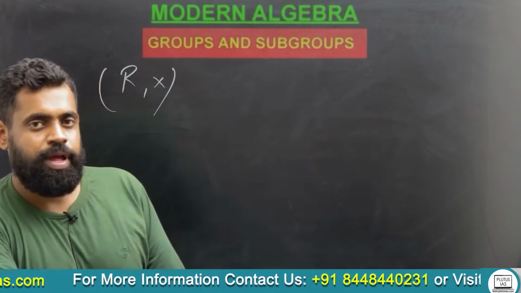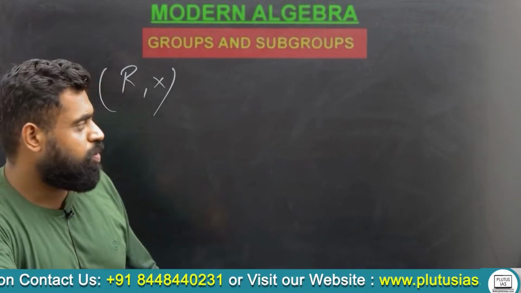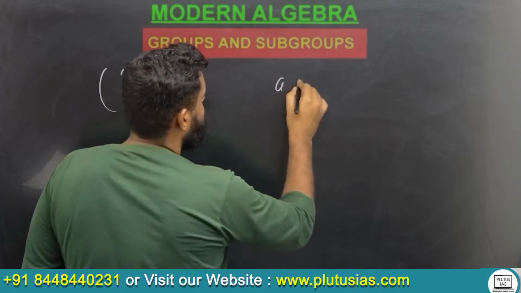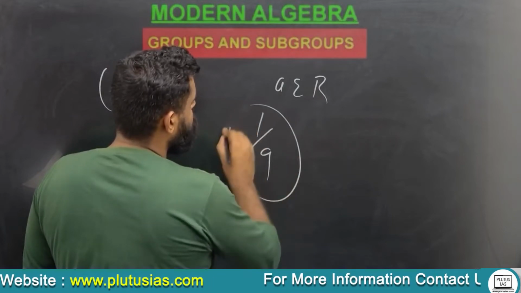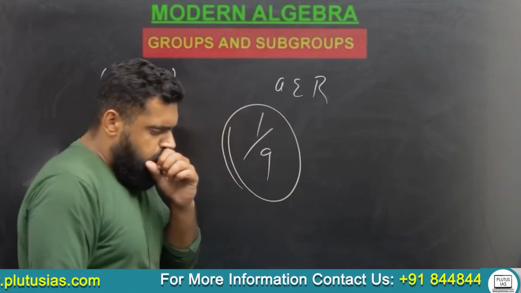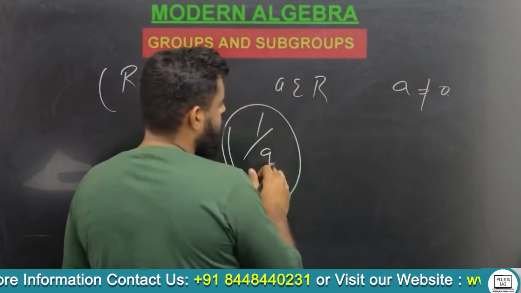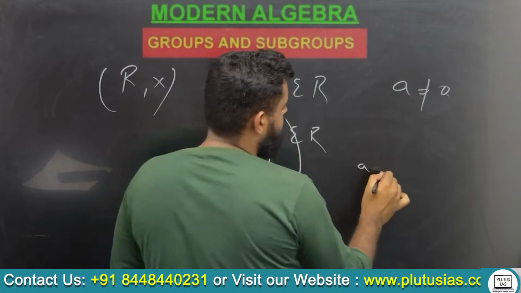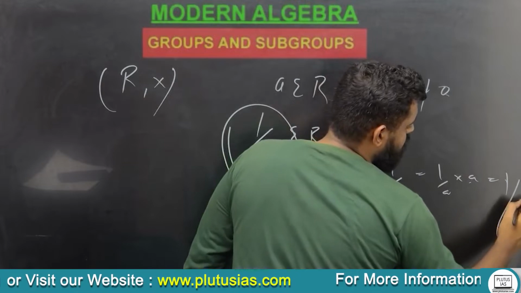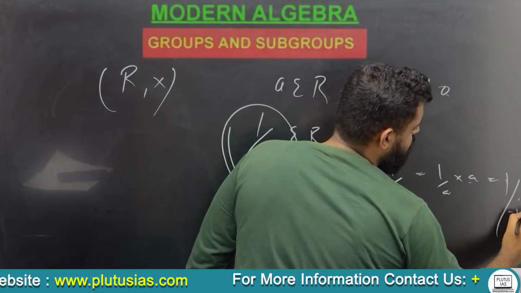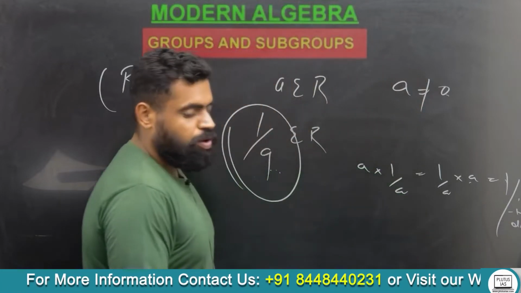For every a belonging to R, a not equal to 0, we have 1 by a belonging to R such that a into 1 by a and 1 by a into a is equal to 1, which is the identity element. Thus it forms a group.